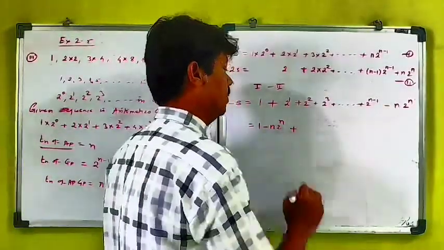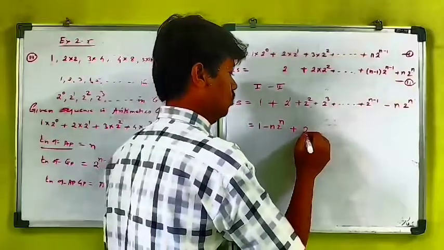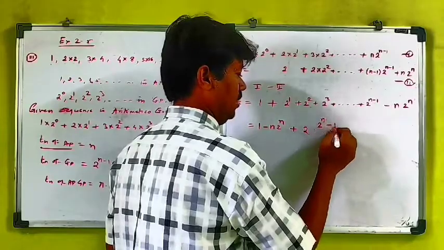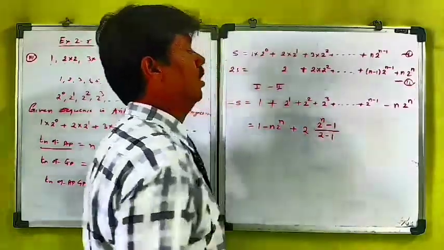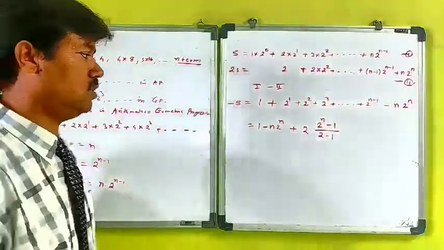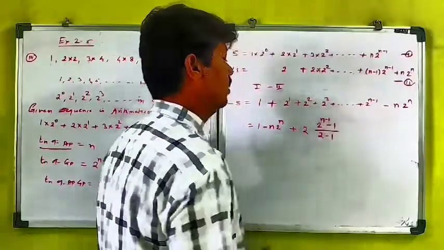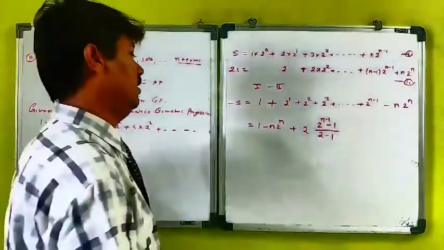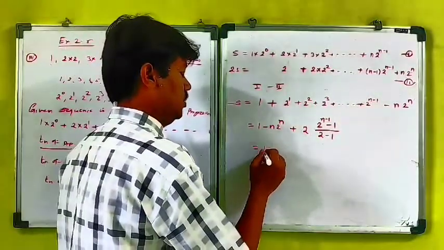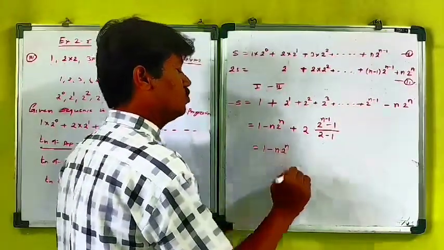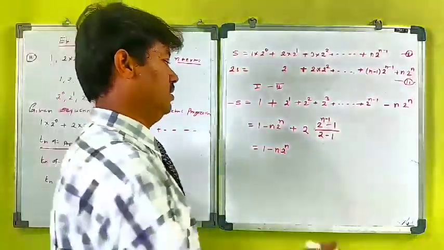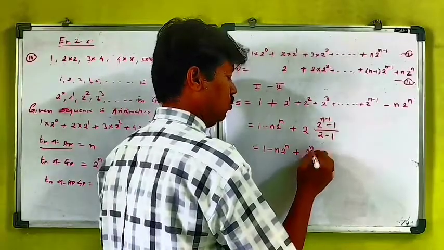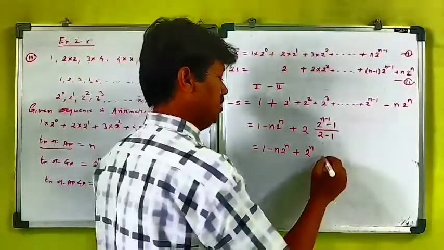So it is 2 into 2 raised to n minus 1 upon 2 minus 1. Sorry, it should be n minus 1. So the final answer will be 1 minus n into 2 raised to n, plus 2 minus 1 multiplied by 2 raised to n minus 1, which gives 2 raised to n minus 2.